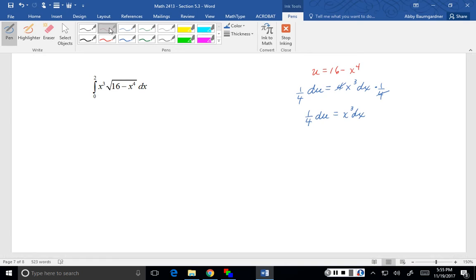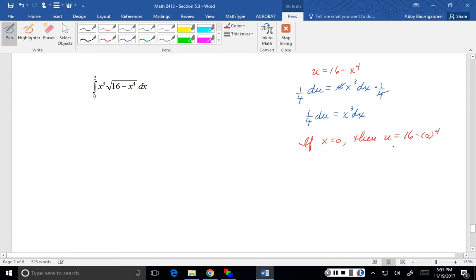I'm also going to have to change my bounds. If x is 0, then u would be 16 minus 0 to the 4th, which is 16.